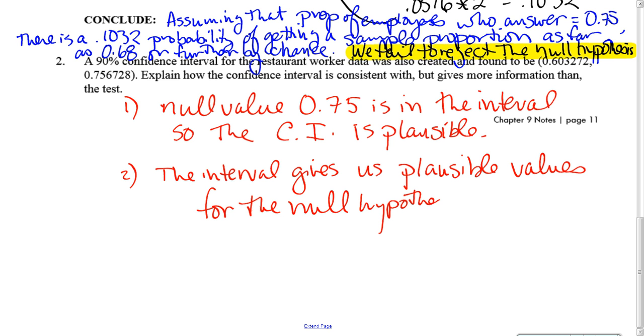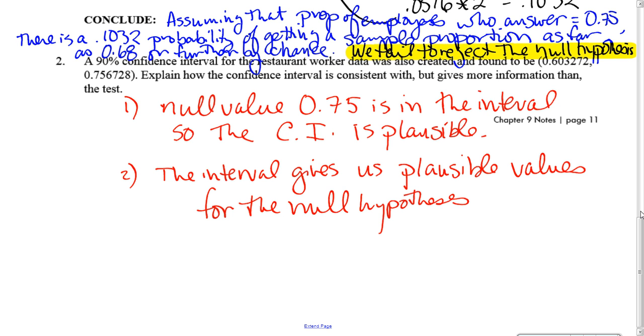So what this is saying is that if you do a confidence interval, you know that the true mean is somewhere between 0.603272 and 0.756728. So since the true mean is somewhere in there, we assumed it was 0.75, but we don't know that for sure. We know it's somewhere in there, so that's going to give us some other potential values for the null hypothesis.